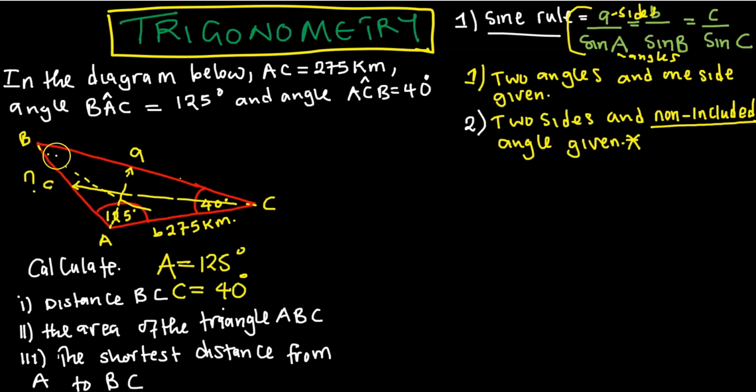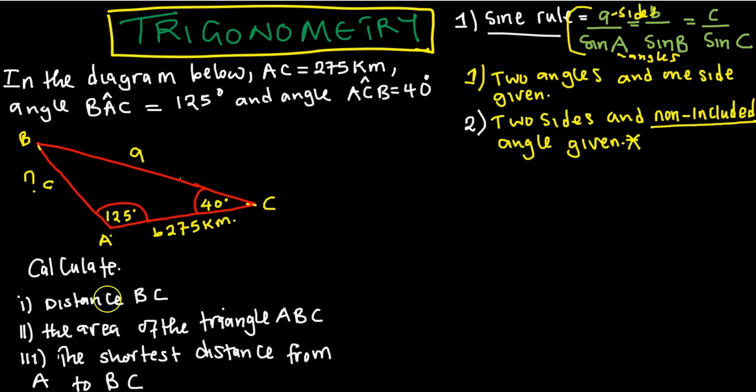And small letter a is not given, it's the one that we are finding. For B, the angle capital B is not given, but small b is given, which is 275. So that is how you easily extract the information from the triangle that you'll be given, because as you solve, you'll be required to use it.